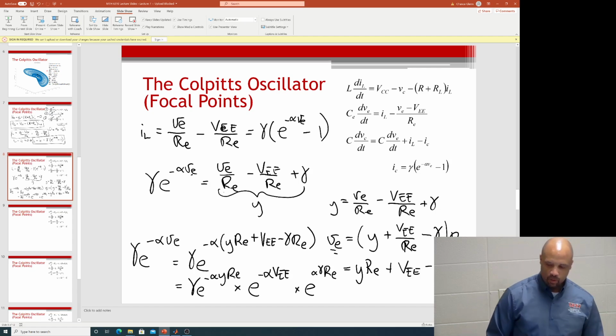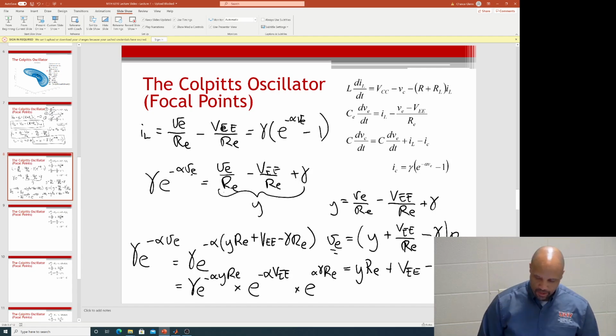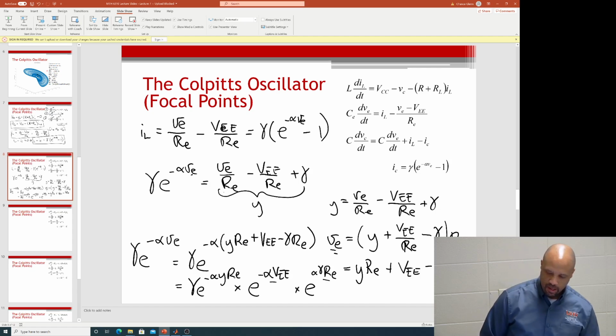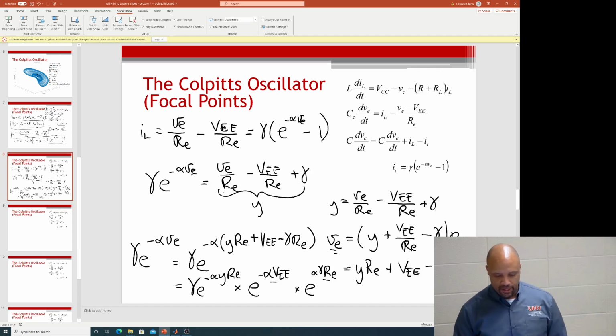Okay, so these values are constants. This one here and this one here are constants because those are fixed. Y is the only thing that kind of changes, right?